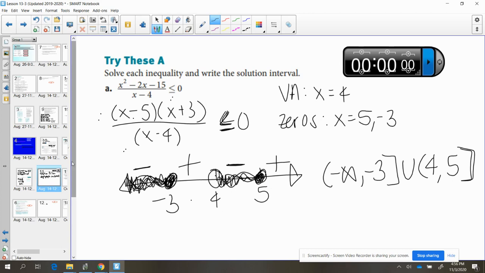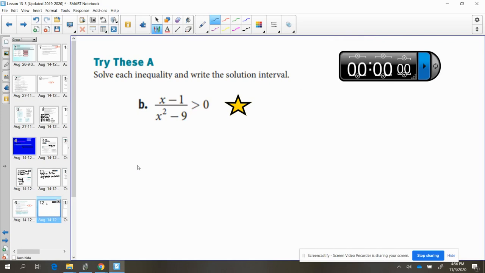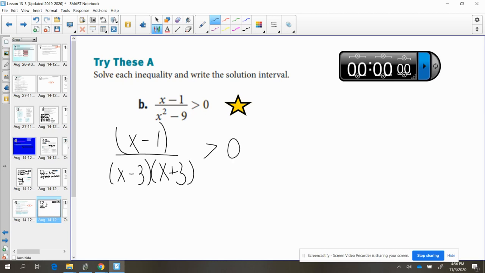So looking at one last example of this then, on the part B, if we factor this one, we have x minus 3 and x plus 3. So again, none of these are canceling, so we don't have a hole. What we do have are two vertical asymptotes at x equals 3 and negative 3, and a 0, this time at x equals 1.